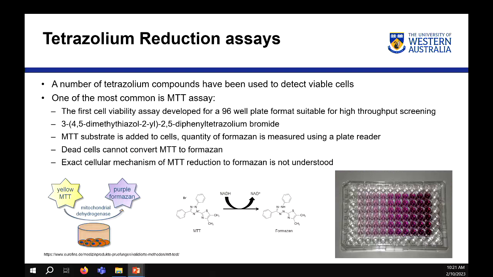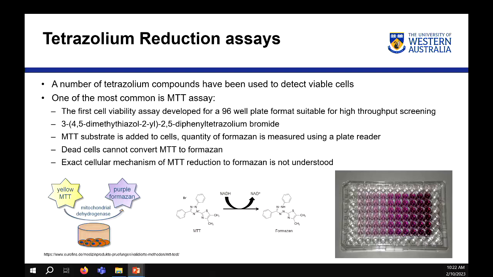A number of tetrazolium compounds are used to detect viable cells. MTT is one of the most common and one of the first assays that was developed, and it was developed for a 96 well plate format. The chemical name for MTT is dimethylthiazole diphenyl tetrazolium bromide, but it's much easier to say MTT, so we'll stick with that.